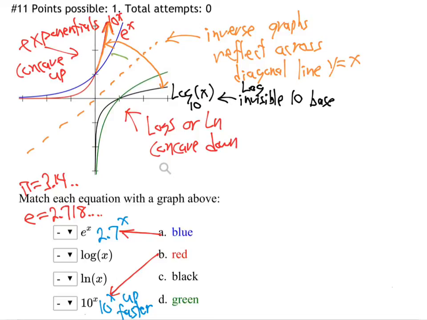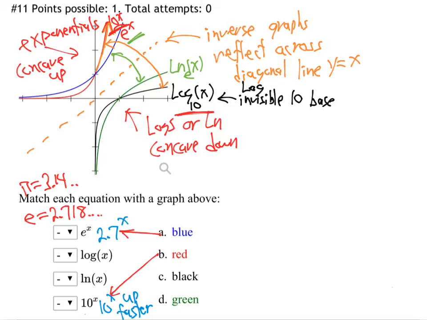And these guys are inverses. See how they match up right across the dotted diagonal line from each other? So this has got to be ln of x because there's an invisible e for the ln word. And that goes with the e guy. And then the 10 to the x goes with the log base 10 graph.